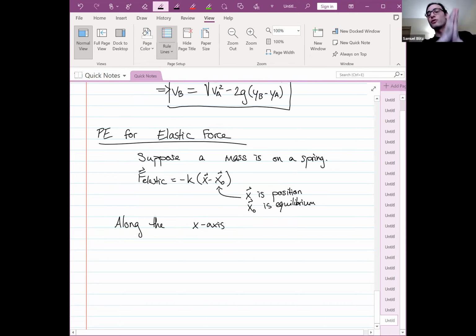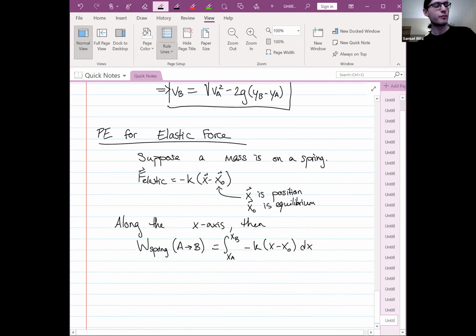and the object is moving along the x-axis. Then the work done by the spring on the mass from, say, position xa to position xb would be an integral from xa to xb of minus k times x minus x naught dx. This is just along the x-axis. And again, this is treated in depth in the LibreText.